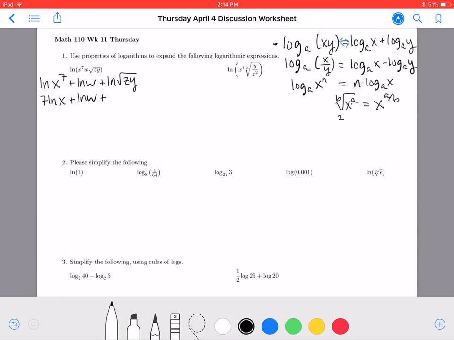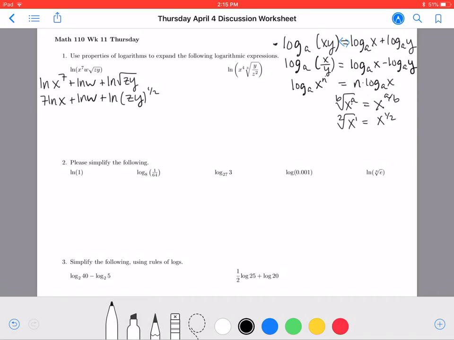So for example, the square root of x can be written as x to the 1/2. Even though x doesn't have an exponent, we assume it to be 1. So I'm going to do that here, except it's going to be zy to the 1/2.